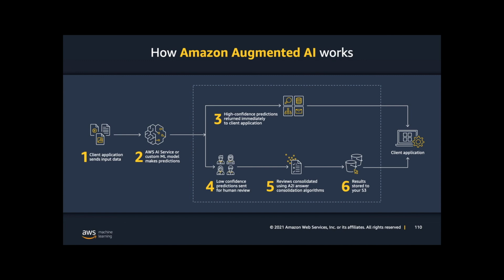And we have an automated process to do that, and those results are stored within S3 to be used to improve the model accuracy. This is what is called Amazon Augmented AI. You can leverage this platform for other services like Rekognition and Textract, which, by the way, we're going to be covering in the second week as well.